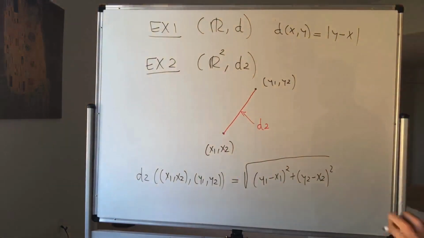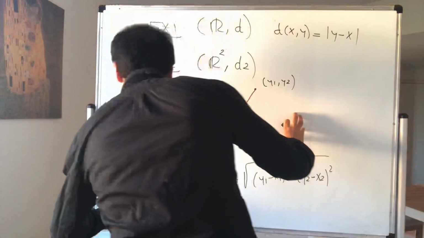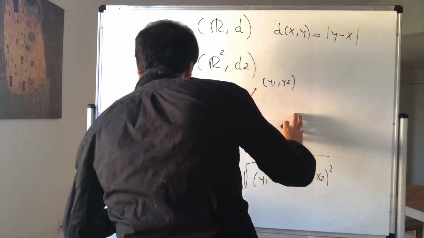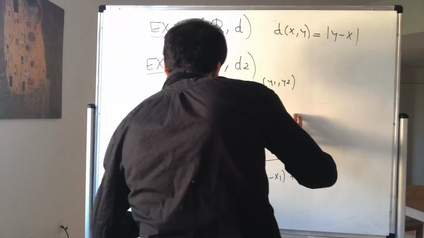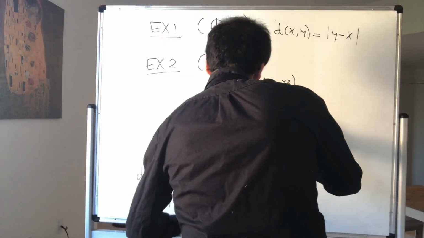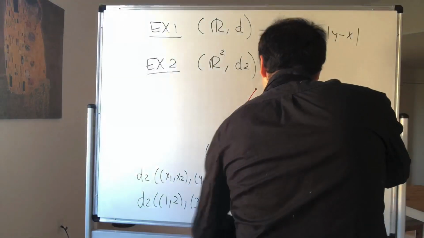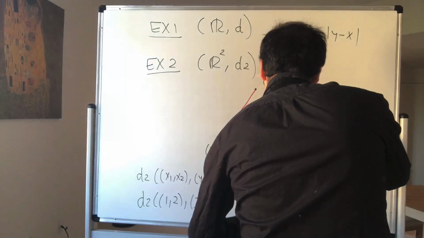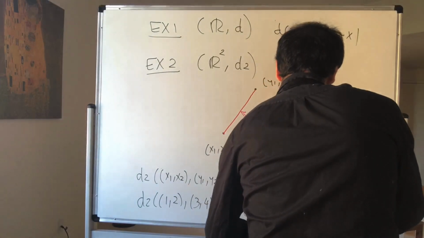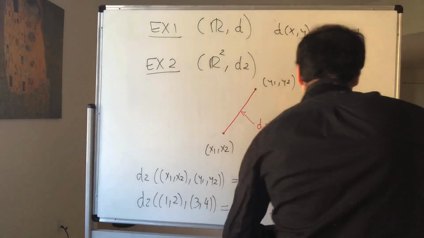Okay, just the usual distance. So for instance, d2 of (1, 2) and (3, 4) is just the square root of (3 minus 1) squared plus (4 minus 2) squared. I believe it's square root of 8.